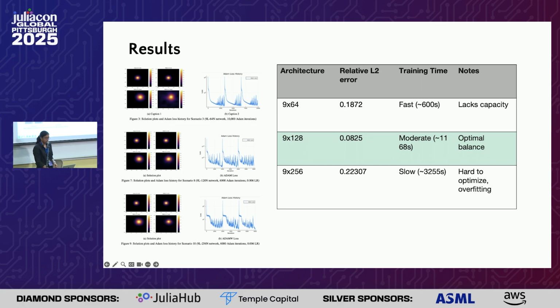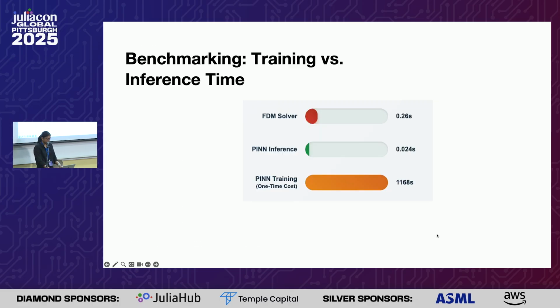So this helps us understand that simply having a bigger network isn't the answer or the solution to arrive at an effective, low-error configuration. So this is the best configuration that we experimented with, and it resulted in around 8% relative error.